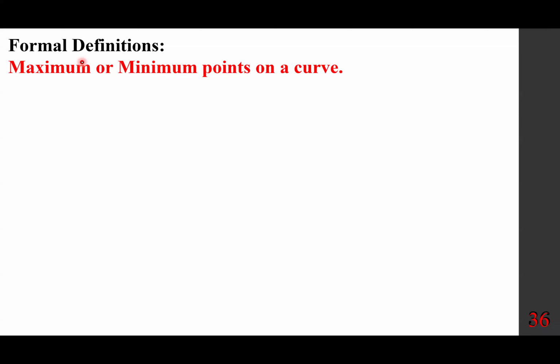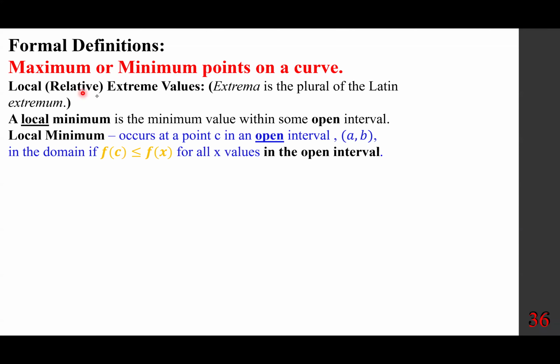Formal definitions, maximum and minimum points on a curve. Local or relative extreme values. Extrema is the plural of the Latin extremum. A local minimum is the minimum value within some open interval. Local minimum occurs at a point c in an open interval a to b in the domain if f of c is less than or equal to f of x for all x values in that open interval.